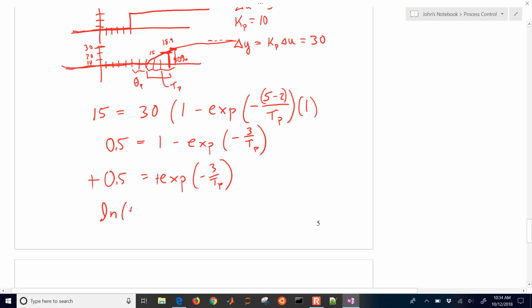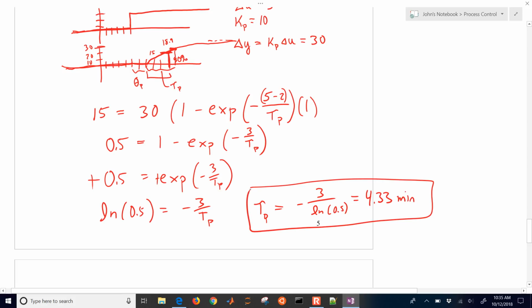So I'll have natural log of 0.5 equals negative 3 over tau p. And then tau p is going to be equal to negative 3 over natural log of 0.5. And that's going to work out to be equal to 4.33 minutes.